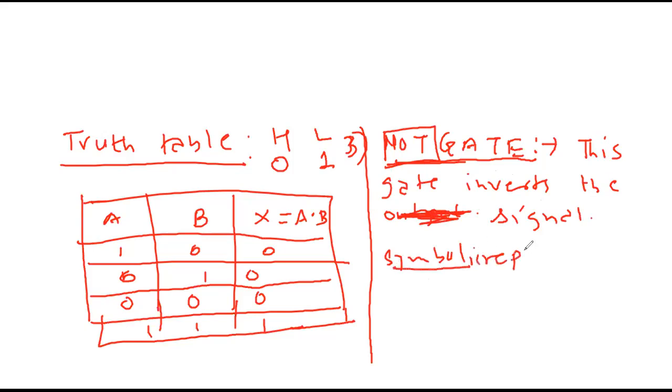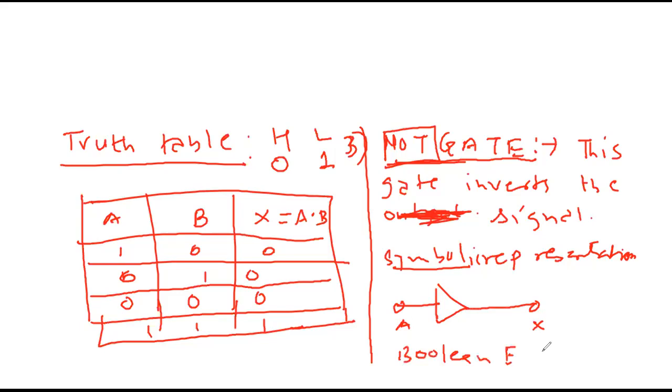Symbolic representation. It has only one input and one output. So if this is A, this is X. Boolean expression is X equals A dash, or A bar we say.